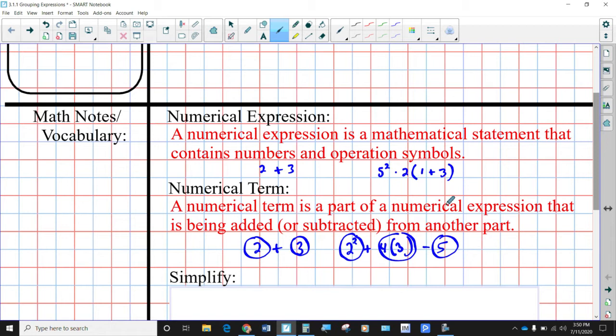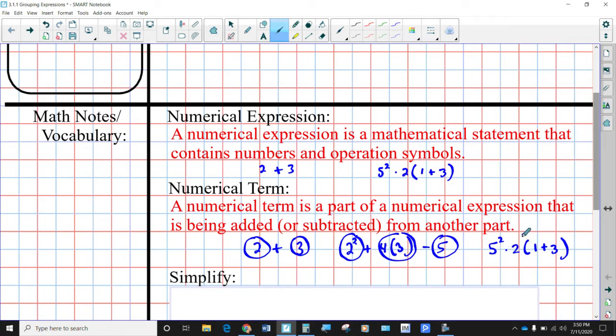Now, one thing that's kind of interesting, I'll just rewrite this guy right here, 5 squared times 2, parentheses, 1 plus 3. This is what I refer to as a complicated mess. There's only one plus sign, and it is inside parentheses and a part of a multiplication expression.